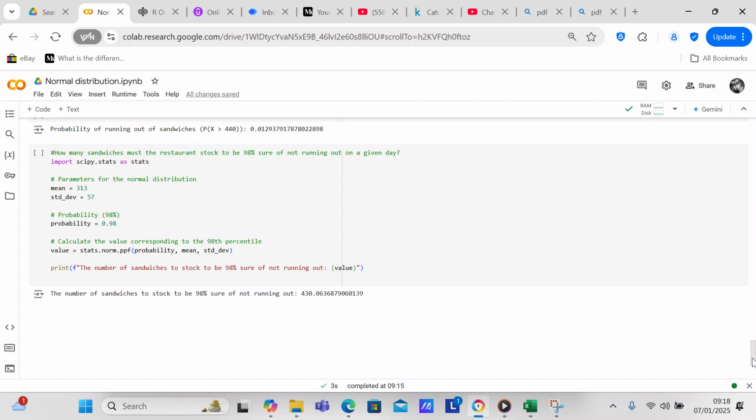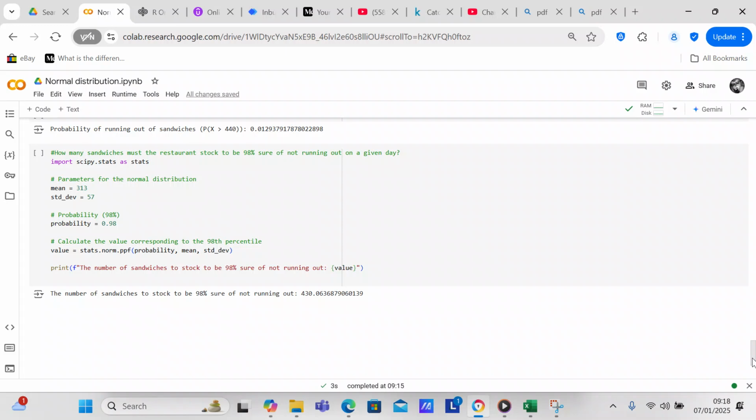The value equals stats.norm.ppf, brackets, probability, mean, standard deviation, and it gives you 430. You're going to have to stock 430 sandwiches to be 98% sure of not running out.